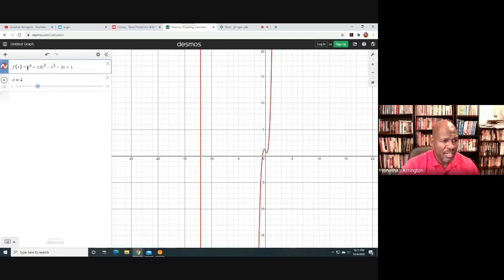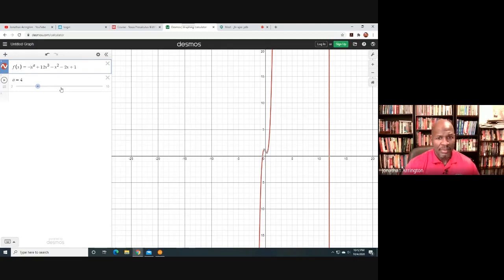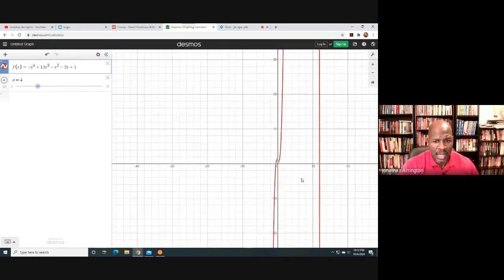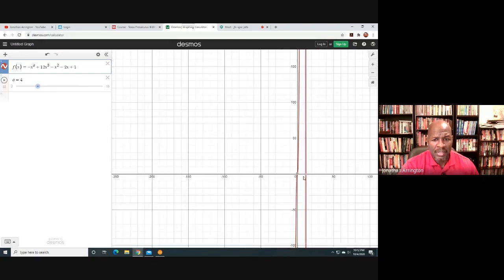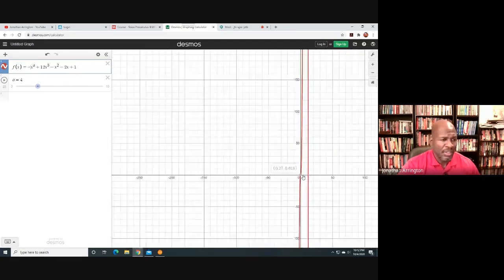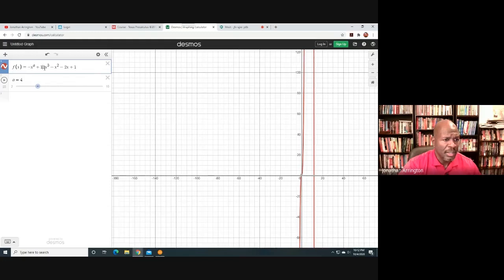Now, if it's even and its coefficient is negative, so say I put a negative sign there, it may be difficult for you to see, but both ends are now going to negative infinity. Let me make the numbers a little more visible.